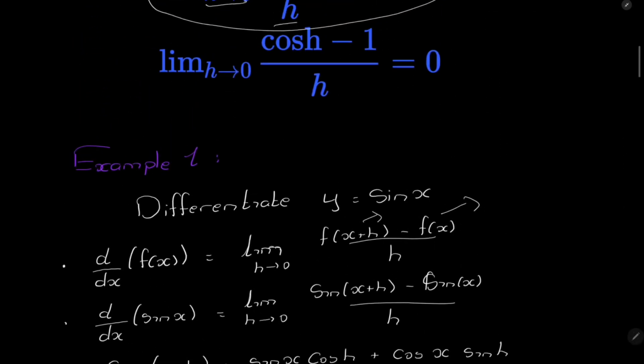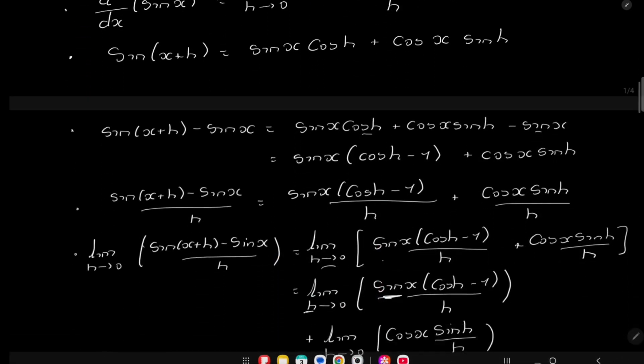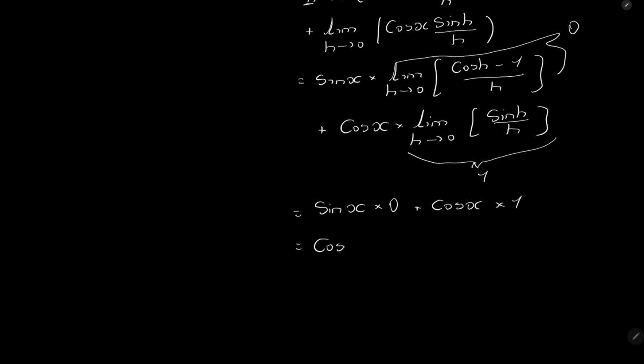We also know that the limit as h tends to 0 of cos h minus 1 on h gives us 0. What does that tell us? We can replace this term by 0. This simplifies the limit to sine x times 0 plus cos x times 1, which then gives us cos x.